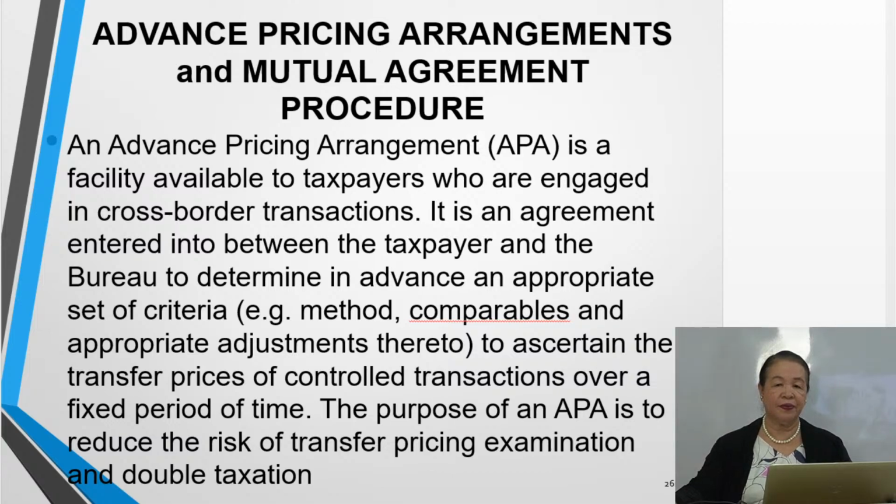And ano pa yung nakaka-influence ng price? The quality. Kasi pagka may difference sa characteristics, naturally magkaiba ang price. Pagka magkaiba ang quality ng product compared, magkaiba talaga ang presyo because of the quality factor.